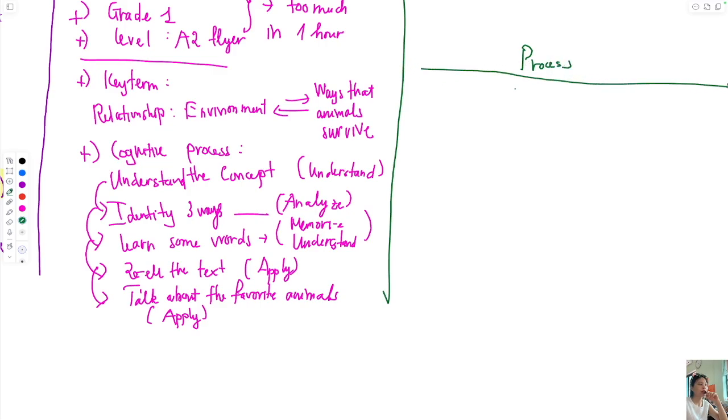So first they have to understand the relationship. So in the warm up, I can get them to directly understand this relationship to catch the main idea of the lesson, because we only have 1 hour for this, so the faster we do it, the better.